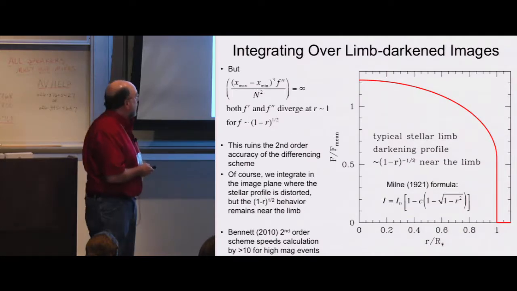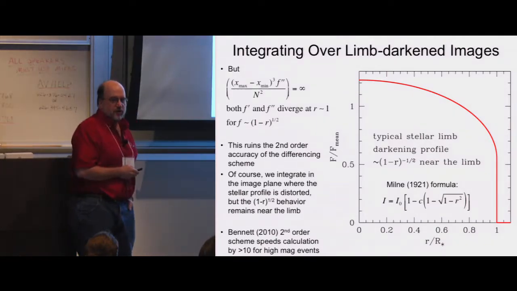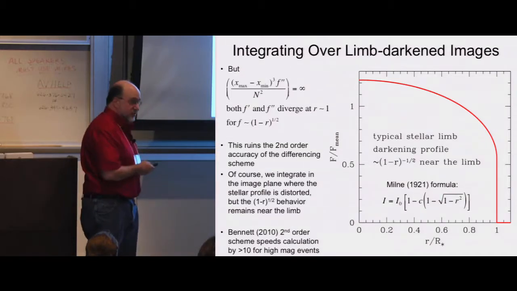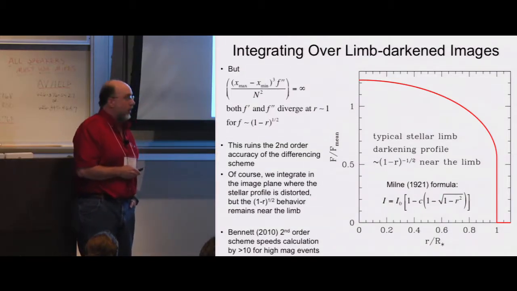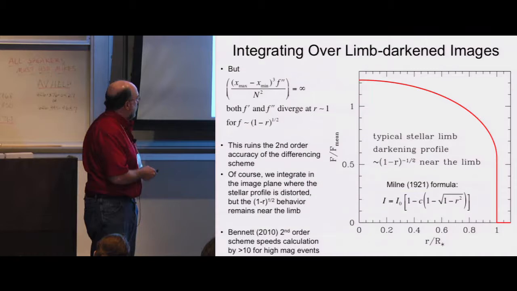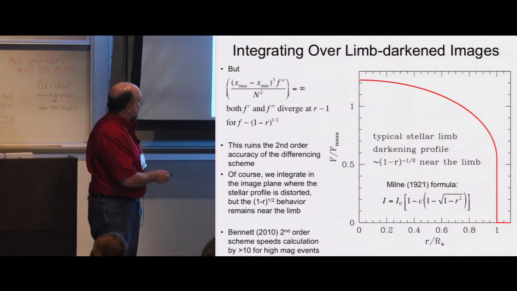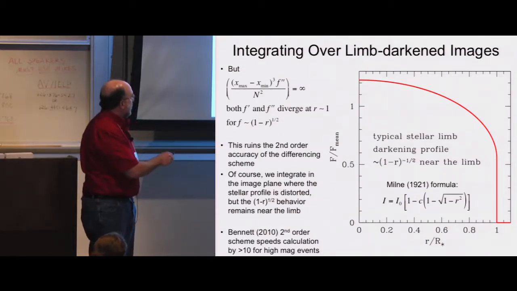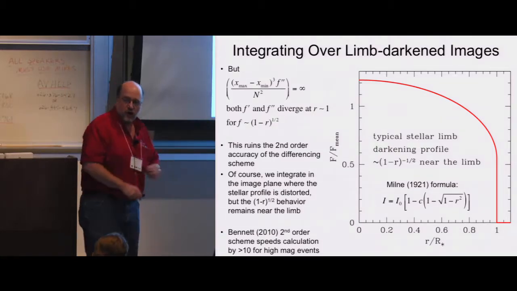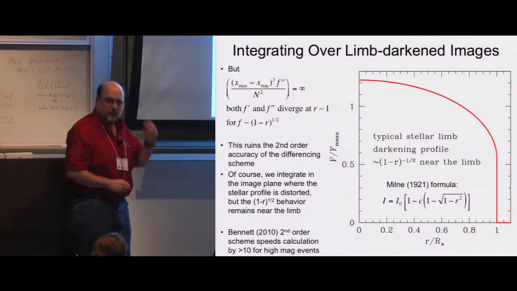And another thing that few people worry about, but this can make a big difference in calculations for high magnification events, is that the standard limb darkening profile has a singular derivative at the limb. This is true for standard square root model formulas that come from, say, the gray atmosphere, but it's also true for any other atmospheric model.